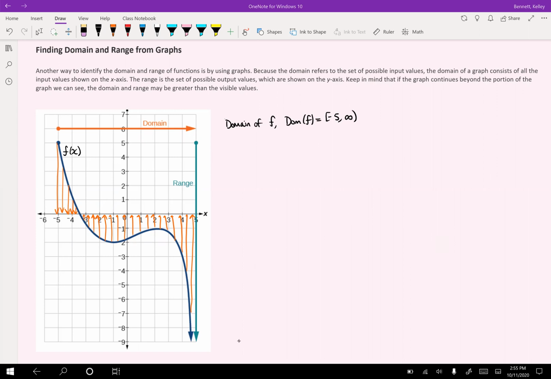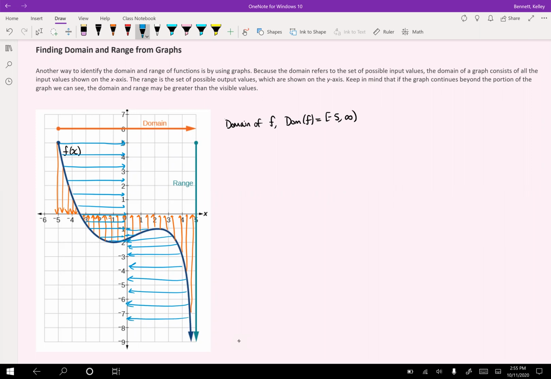If we want to look at the range of f, now what we're going to do is look left and right. So if we are standing at the side of the function and we shine a flashlight on it, what shadow does it cast on the y-axis? And we just consider all of those values.